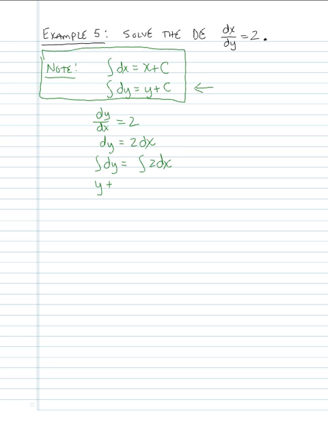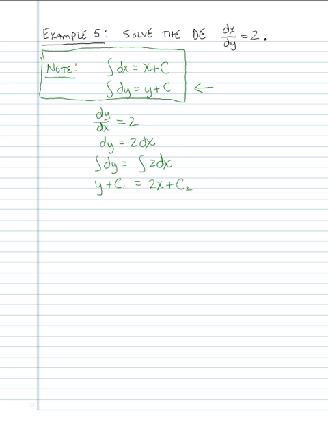On the right side, we'll also end up with an arbitrary constant. So we're going to have 2 separate arbitrary constants. So I'm going to call this one c subscript 1. Now, on the right side, the integral of 2 dx is nothing more than 2x plus the second arbitrary constant, c sub 2.